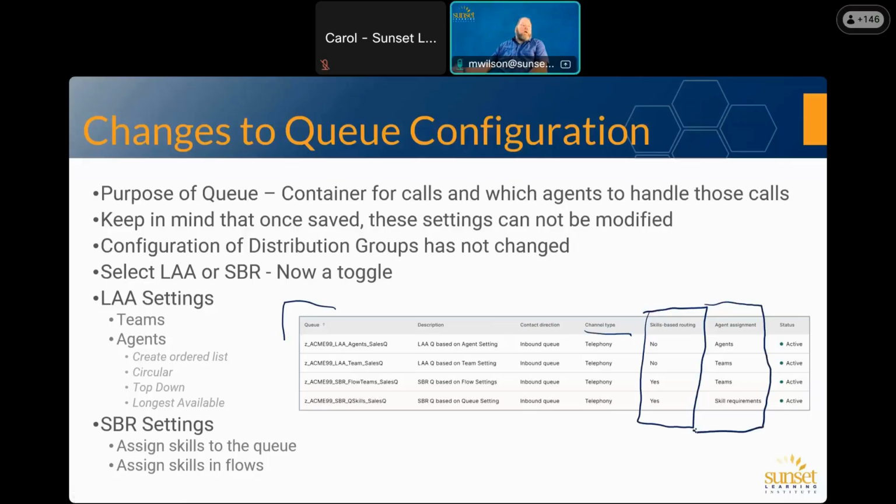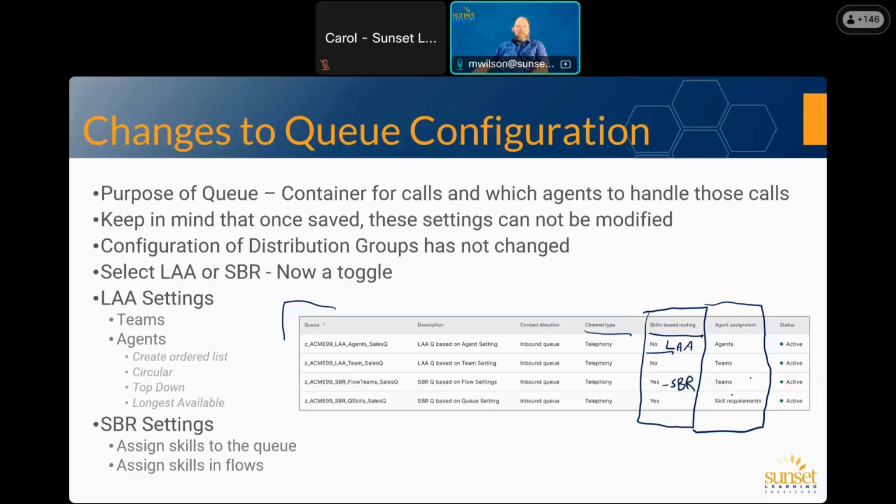And this is where I've come up with my statement that there are now 4 queue types. Because when you set up skills-based routing, you can say no skills-based routing, which, if you've worked with Webex Contact Center, you know means longest available agent. Or yes, skills-based routing, which we call SBR.